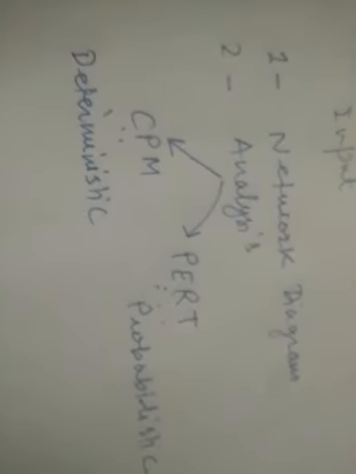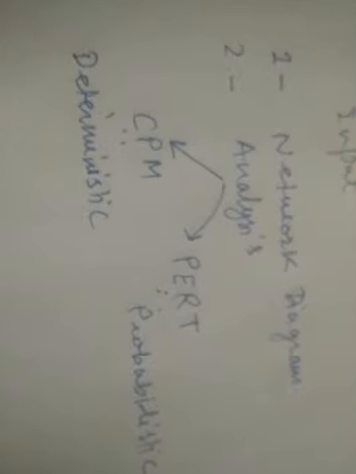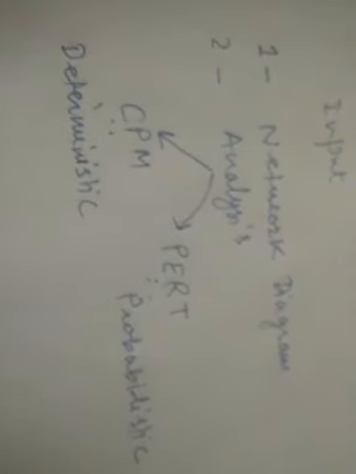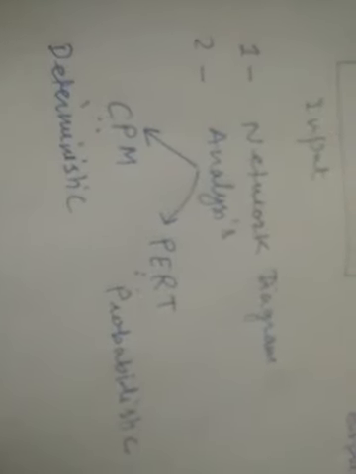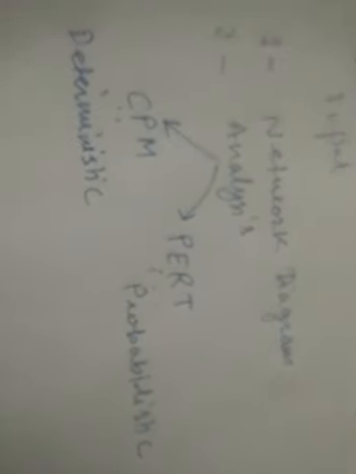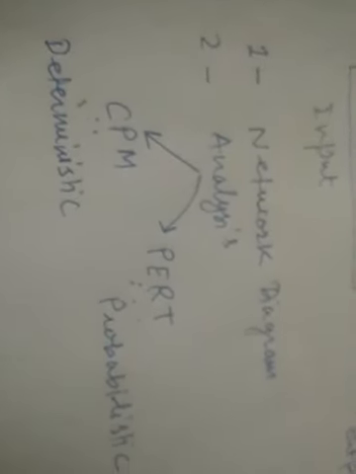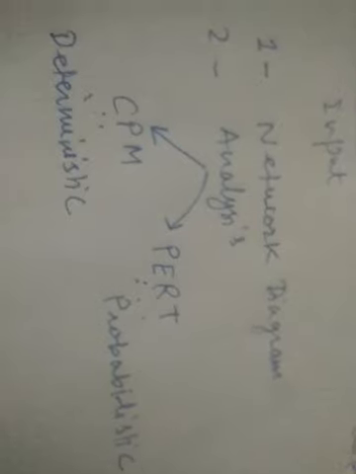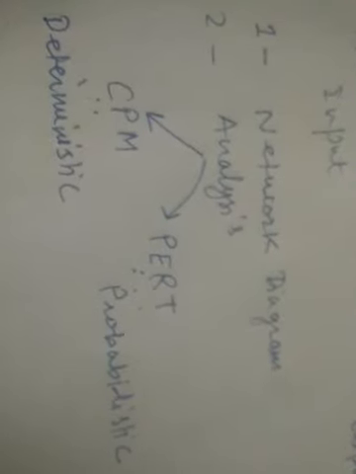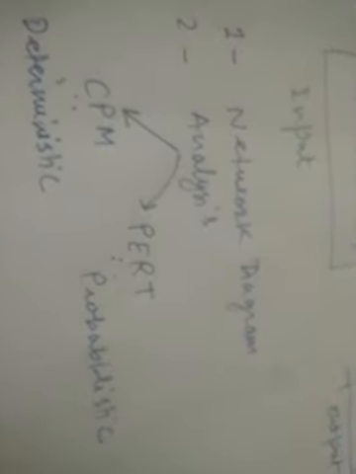Time estimates means the duration of activities. So when the duration of activities is deterministic, we use CPM, and when it is probabilistic, we use PERT. What is the difference between deterministic and probabilistic? We will come to know when I explain PERT. For now, just understand, because first we will take CPM.